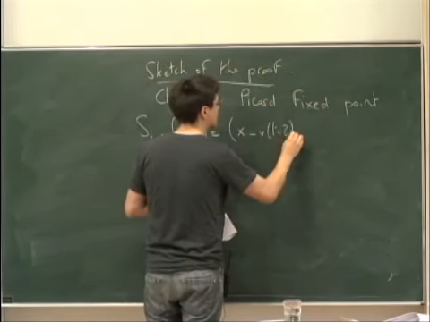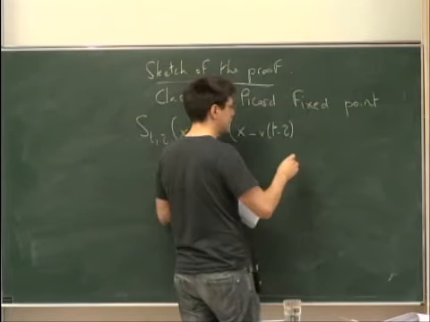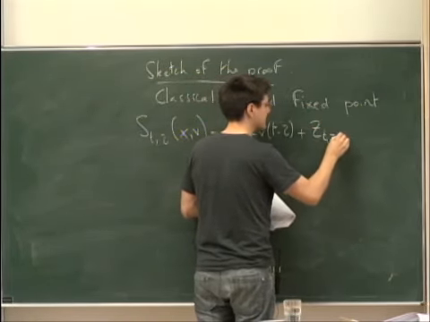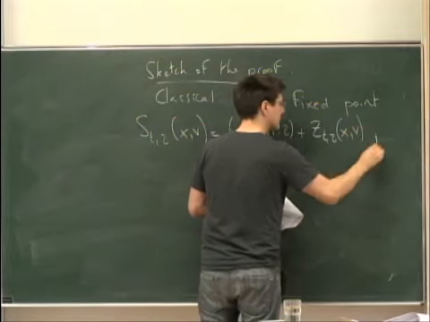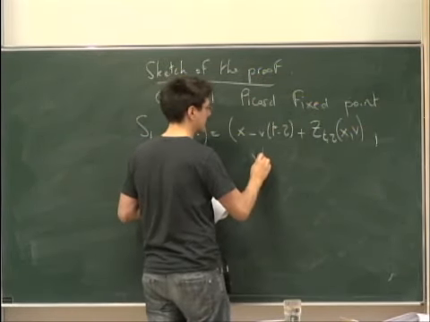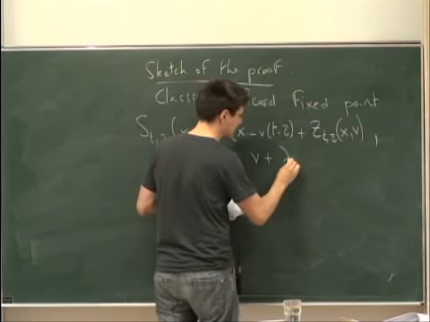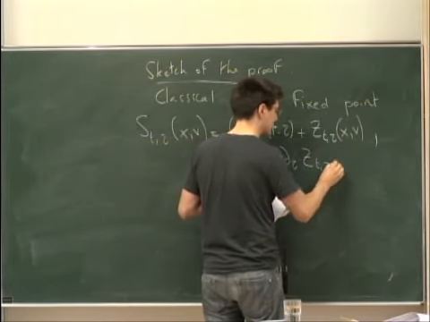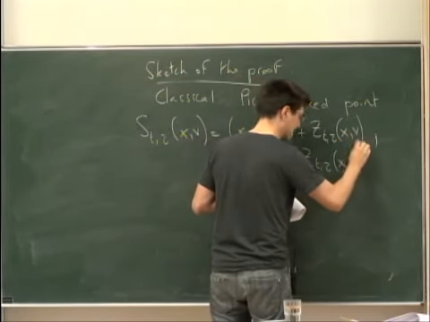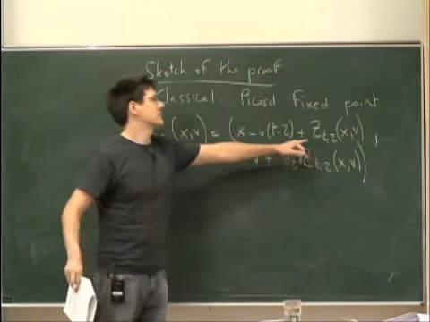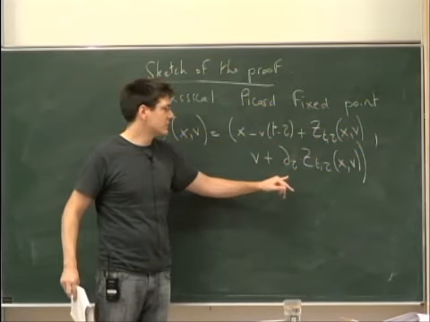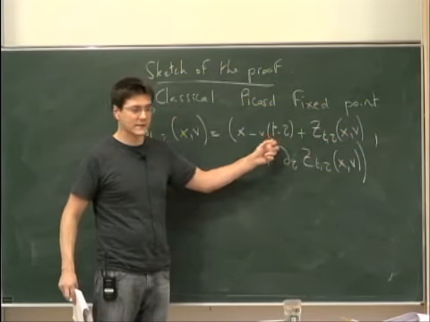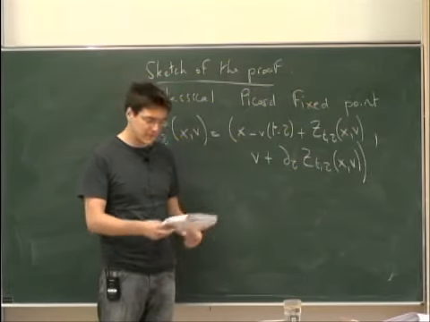So I just define z, some function such that z is the perturbation in the x variable, and on the v variable, it has to be the tau derivative of what happens on x. So this is the perturbation on the v variable.